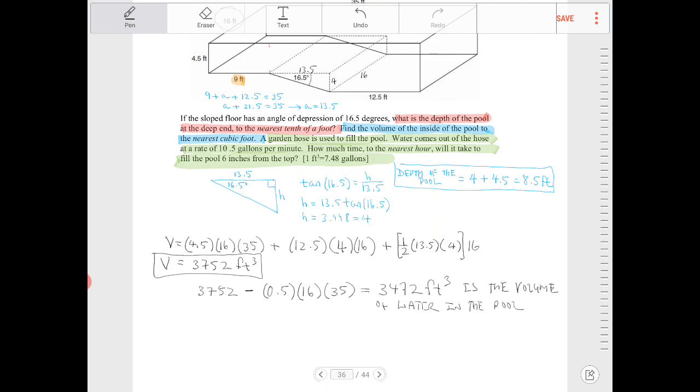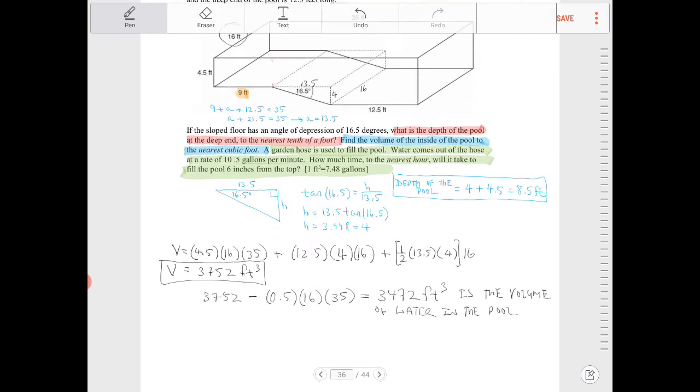So what I want to do with this is convert this to gallons, so I can then determine how much time it will take to fill this up, because the hose is able to bring in 10.5 gallons per minute, right? So I want to convert this into gallons first.